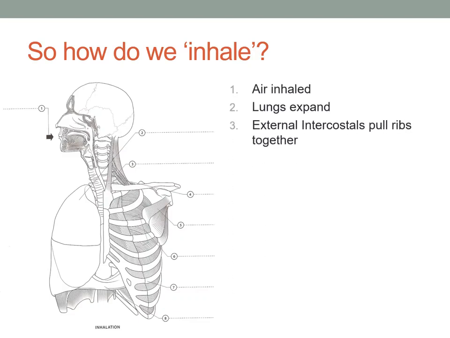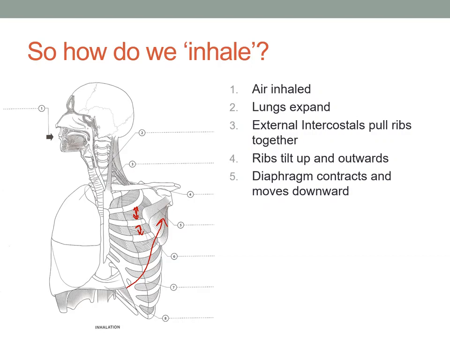Well, when we do that, the external intercostals pull the ribs together, so the ribs squeeze together, and by squeezing together we get this sort of upward motion of the chest. The ribs tilt outwards, the diaphragm contracts.